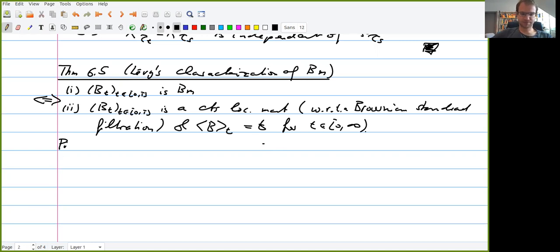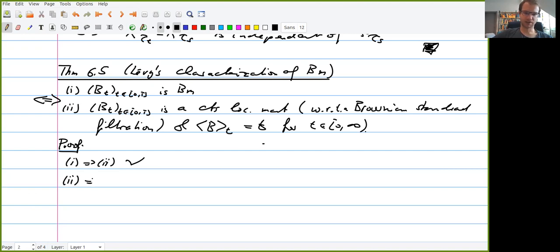Okay, proof. It's actually quick because we have done so much preliminary work, so we just need to apply our martingale representation theorem and the time change characterization we have shown before. But for completeness, the one direction is trivial, right? If I have a Brownian motion, I know it's a martingale, so in particular it's a local martingale, and I know that its quadratic variation is equal to t.